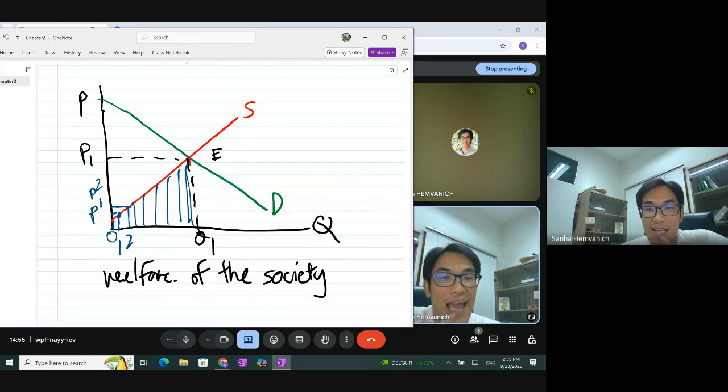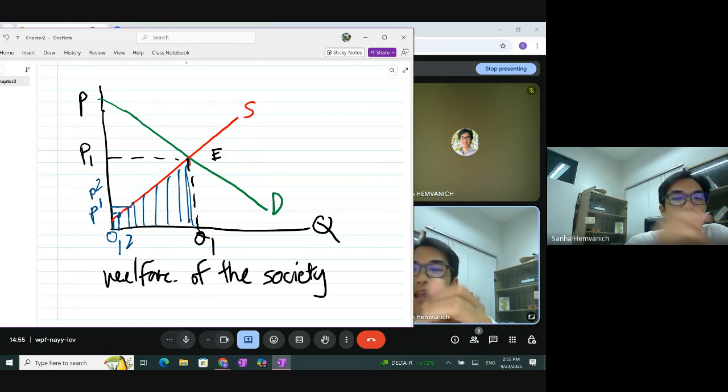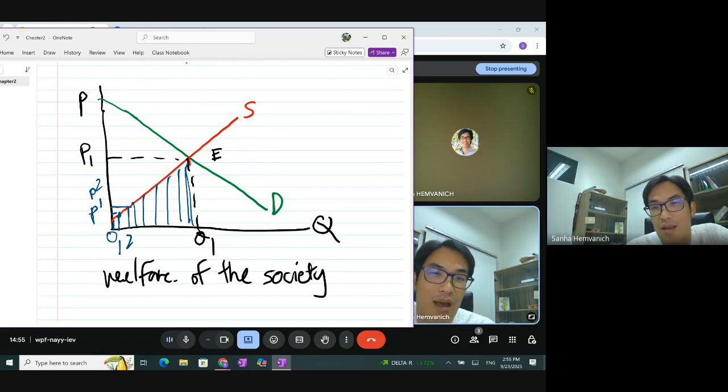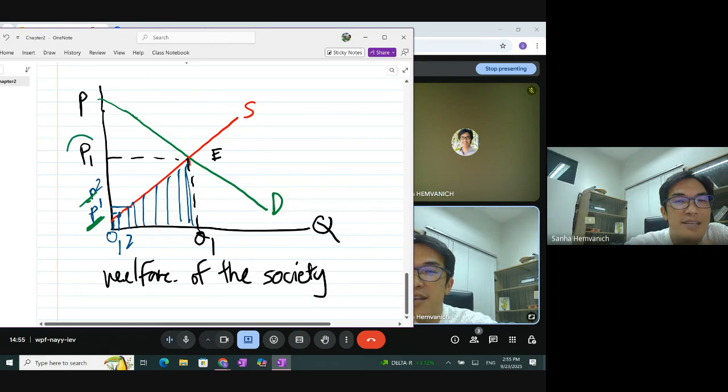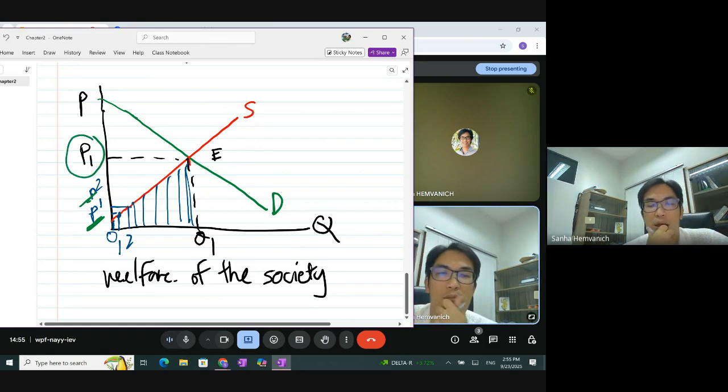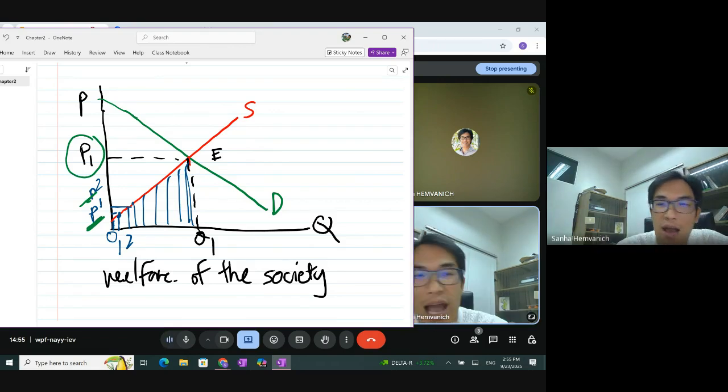But actually, when the producer sells the good, it sells at P1, not at this price or this price, but at this P subscript 1. So it is actually higher than the cost. How high?